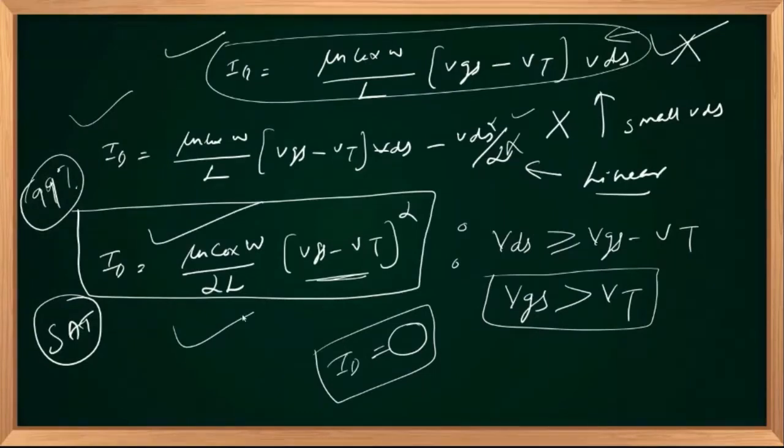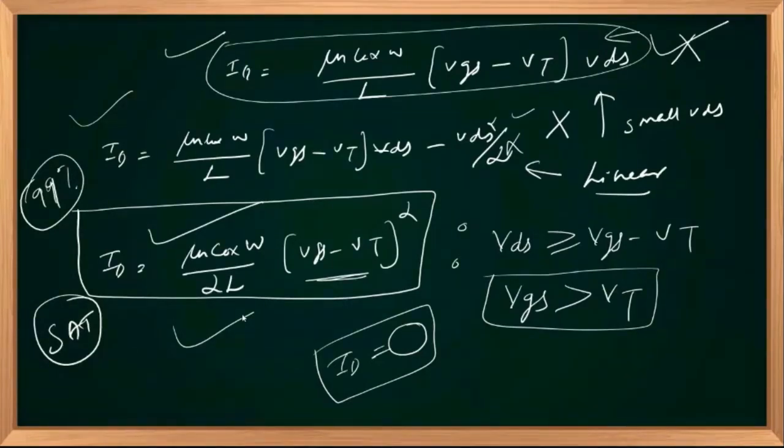Right? Is that clear? Anything extra to be discussed? We took 1 hour to complete the fundamentals of MOSFET current equations. We'll get into the problems. Any doubts, any issues? Only one equation and one condition you should remember.